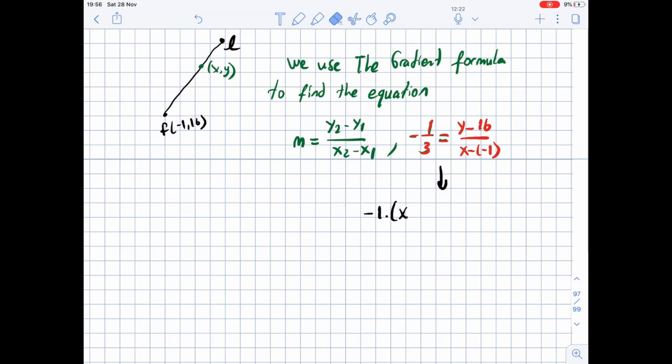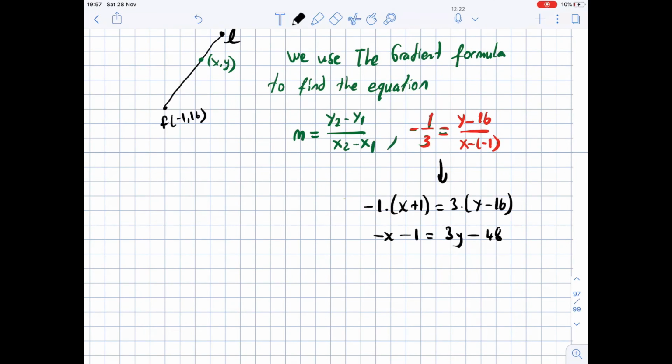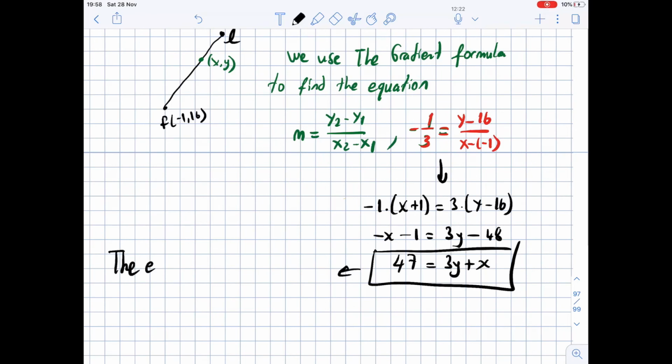We have negative 1 times x plus 1, which is negative x minus 1, equals 3 times y minus 16. If you organize it, you'll see that negative x minus 1 equals 3y minus 48. Then negative x goes to the left side: 3y plus x equals 47. This is the equation of the perpendicular bisector.